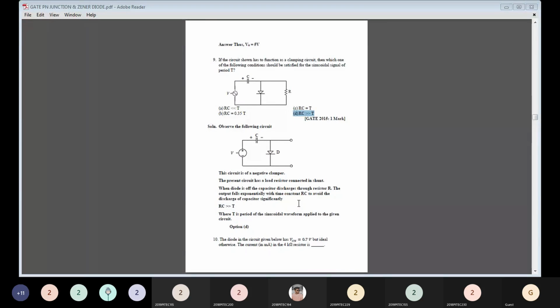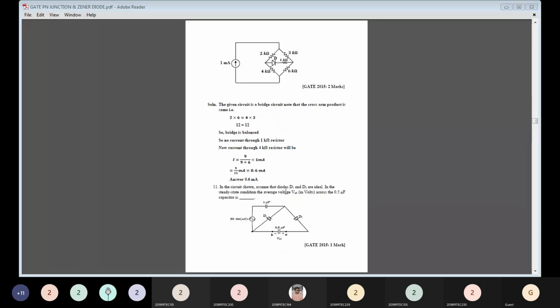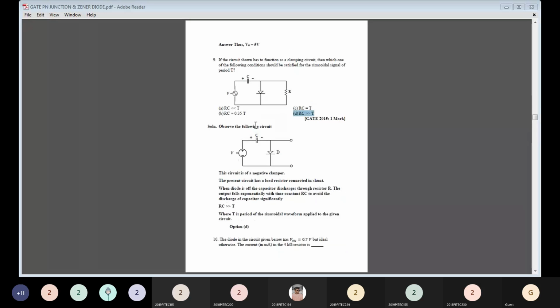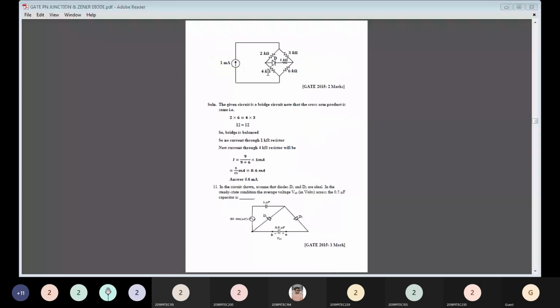Next, the diode in the circuit given below has Vγ equal to 0.7 volt, but is otherwise ideal. The current in milliampere in the 4 kilo ohm resistor is? We have to identify the current flowing across this 4 kilo ohm resistor. The given circuit is a bridge circuit. Here we have 2 into 6, which is equal to 3 into 4, that is 12 equal to 12.